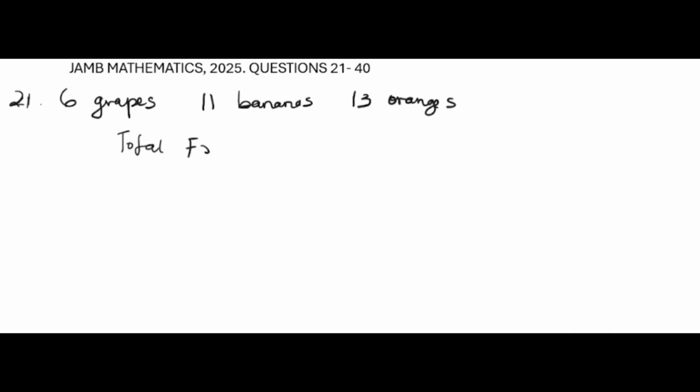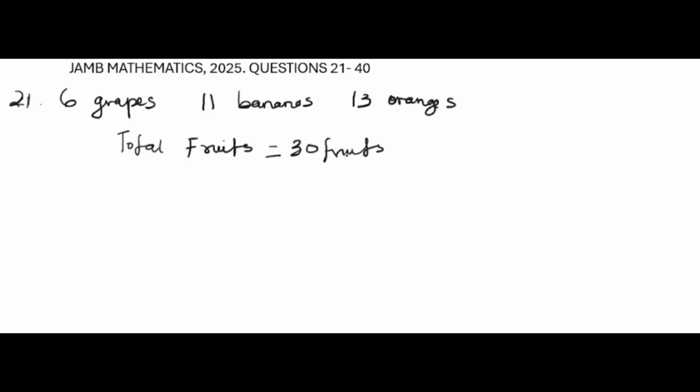You know that the reason why I'm being this detailed is so that you can understand. If this were an exam I'm writing and it's an objective, I don't need to put in these details. I will go straight and sum these at once. So 6 plus 11 will give us 17. 17 plus 13 will give us 30 fruits.